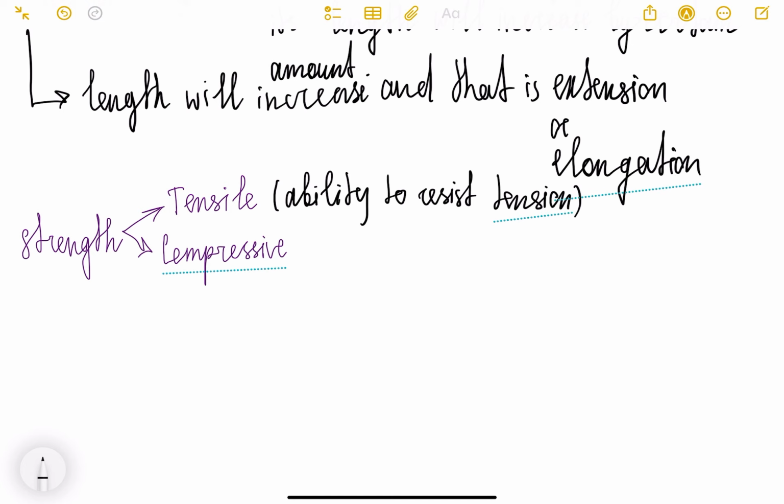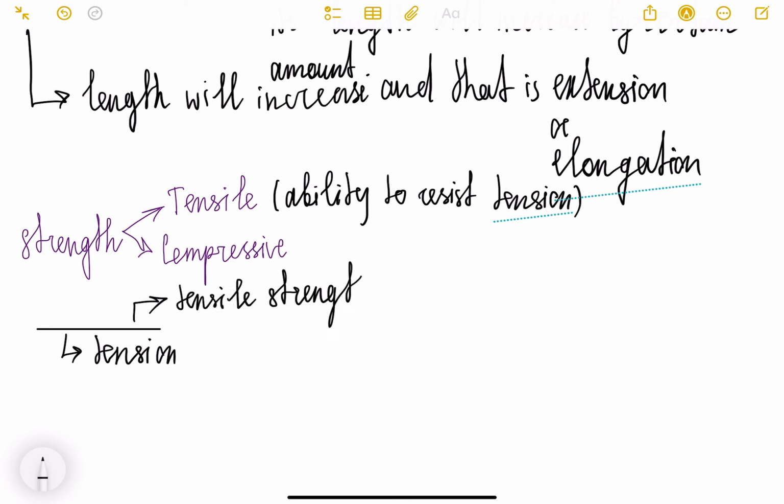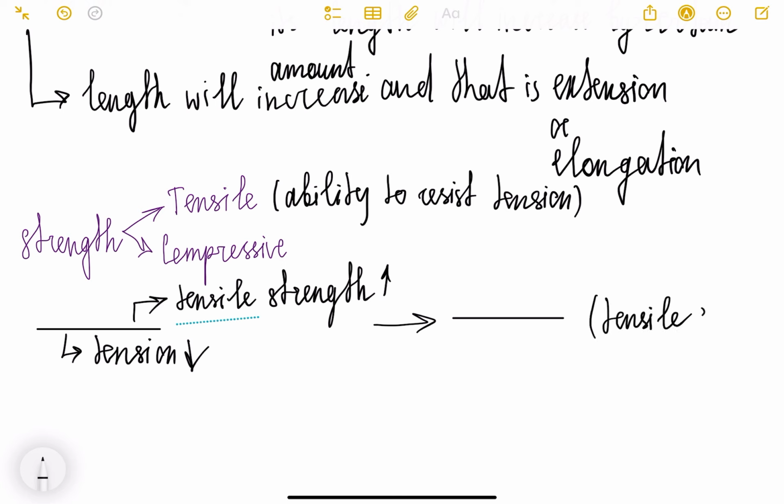So tensile strength is, there's a line, okay, and that line went through tension, but this line also has tensile strength. So if tension is low and tensile strength is higher, then it will stay still the same. Okay? Does it make sense? This is tensile strength.